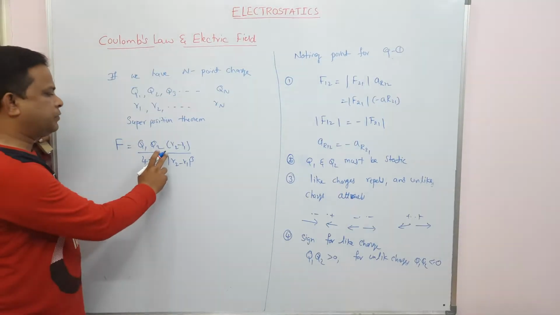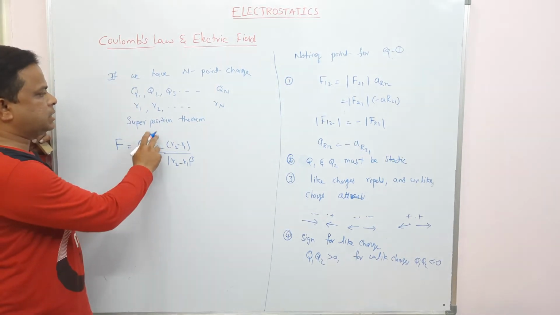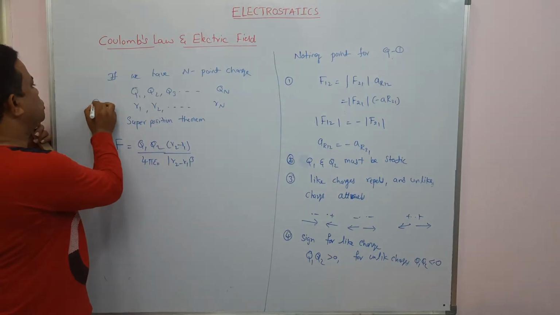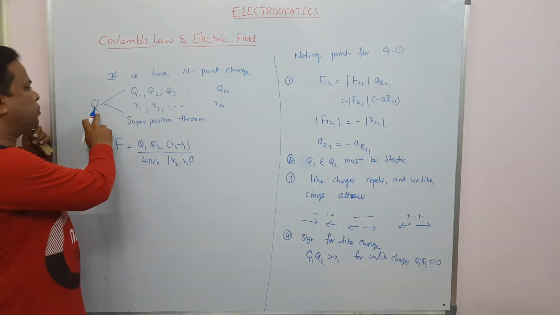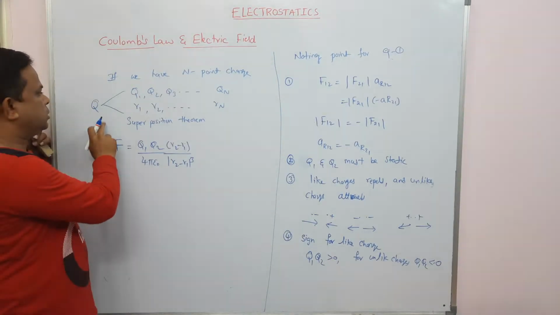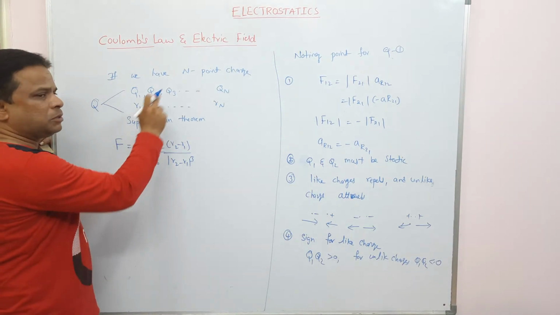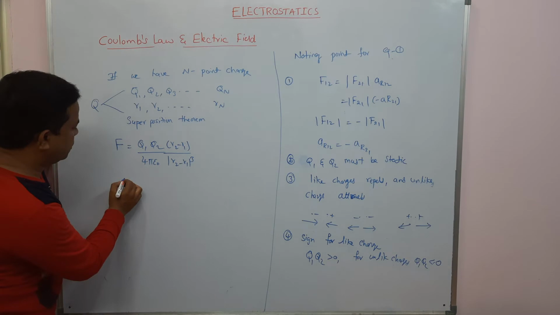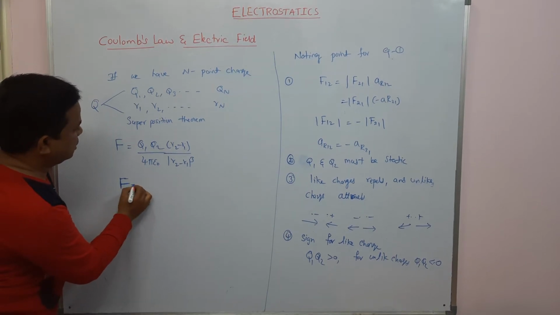So this was the equation. Now we have to extend this equation for n number of point charges. In the presence of charge q, how is this force calculated? q1 will be exerting force on q, q2 on q, q3 on q and so on. At that time the force equation is going to change like this.